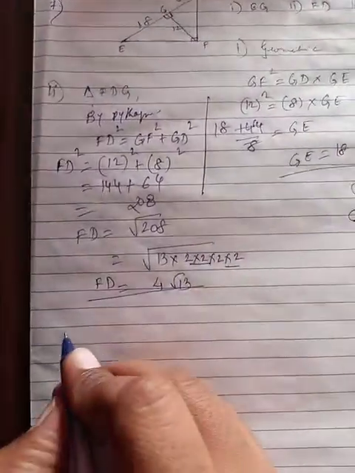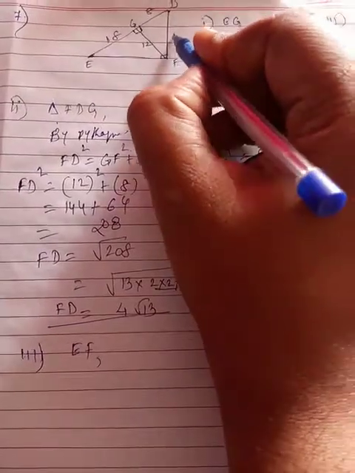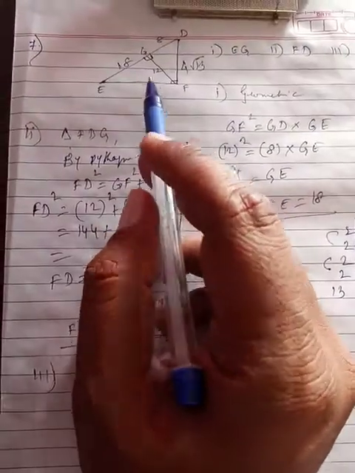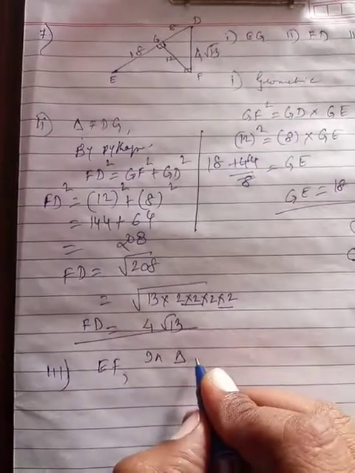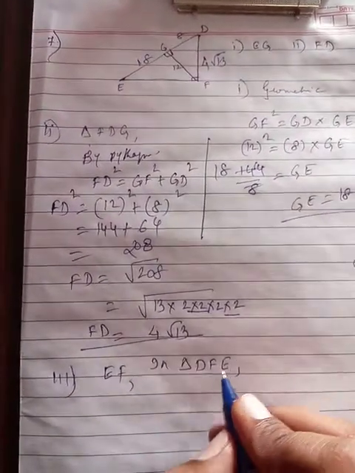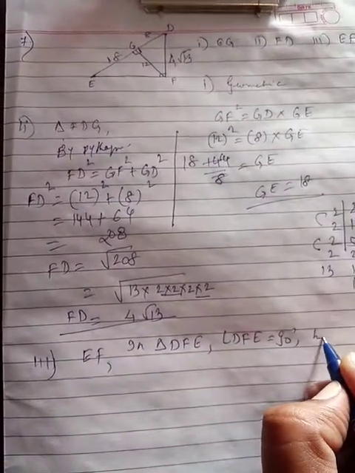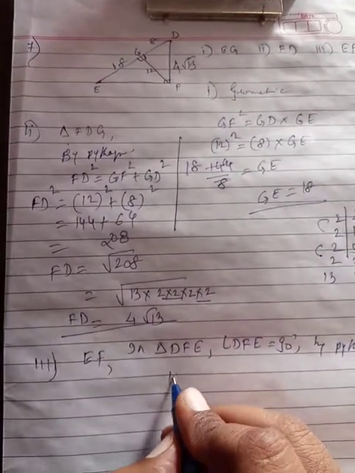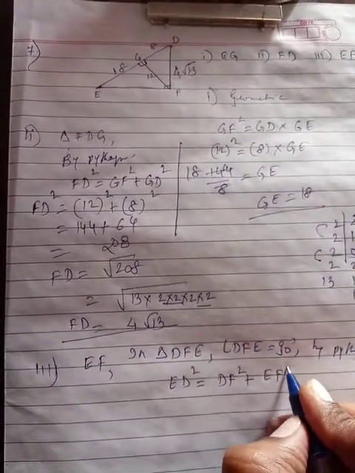Now third, they are asking us to find EF. FD we got as 4 root 13. EF is the base of triangle EFD. So in triangle DFE, angle DFE is 90 degrees. So by Pythagoras we can apply the theorem. The theorem says, ED square is equal to DF square plus EF square.